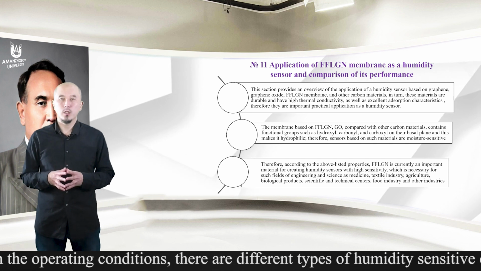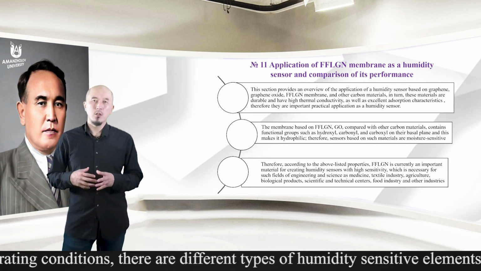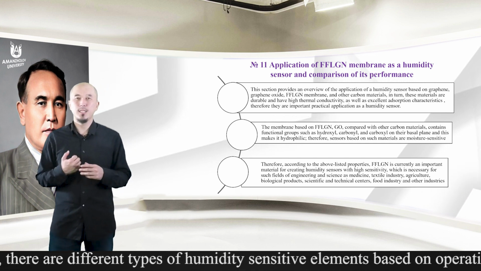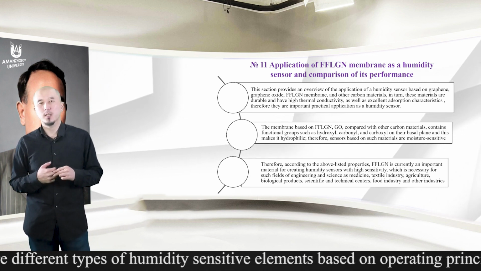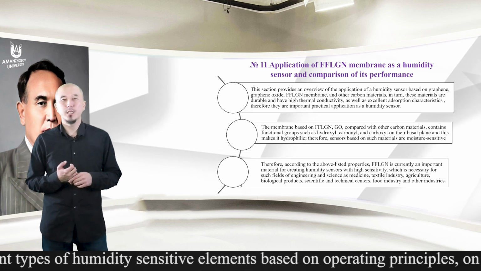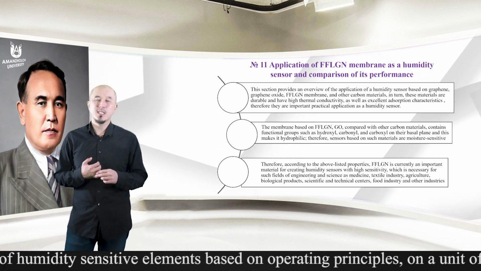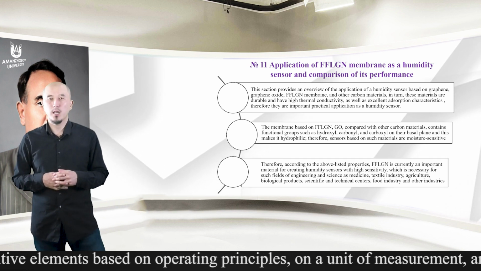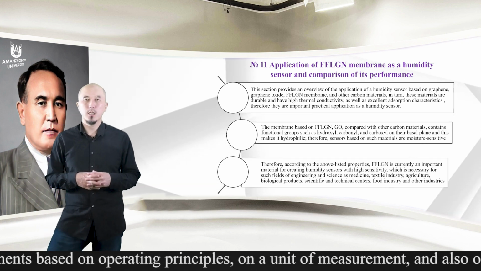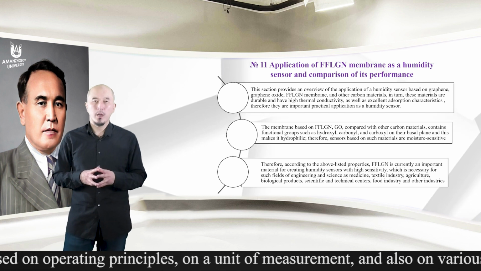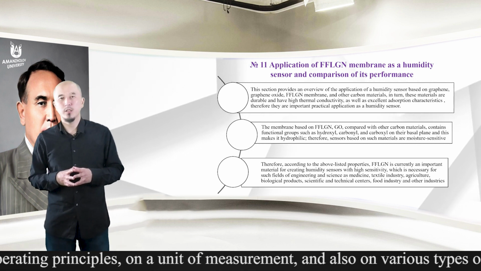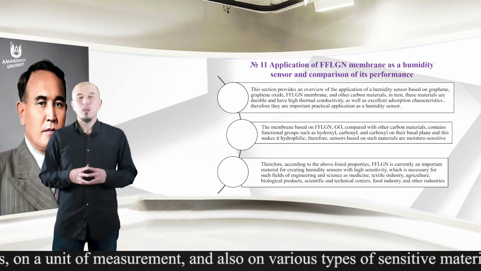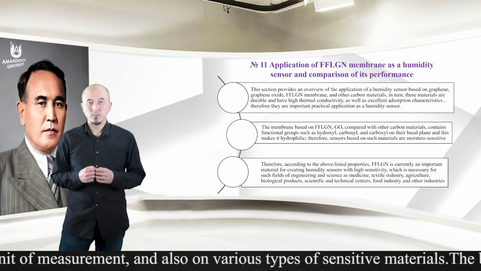Further, according to the above listed properties, FFLGN is currently an important material for creating humidity sensors with high sensitivity, which is necessary for such fields of engineering and science as medicine, textile industry, agriculture, biological products, scientific and technical centers, food industry, and other industries.